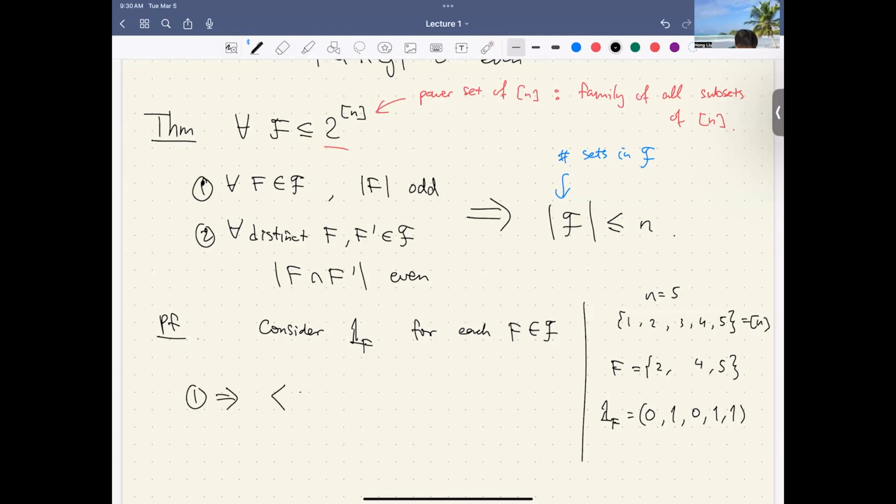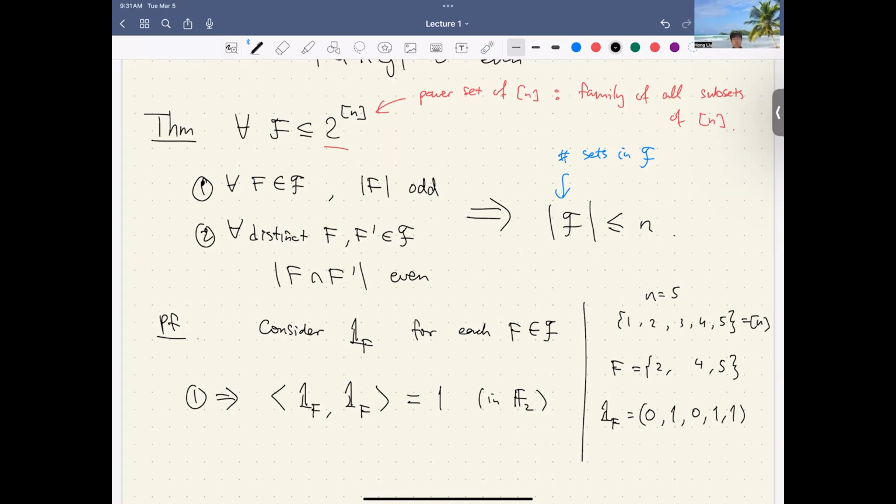If you take the inner product of two characteristic vectors coming from the same set, you will get an odd number, right? Let's do everything modulo 2. So this is equal to 1 in F2, or Z2.